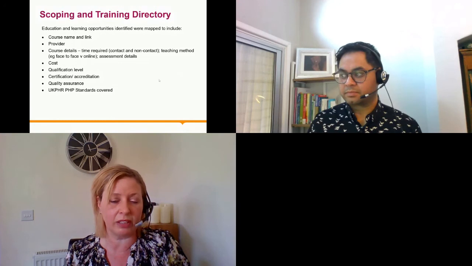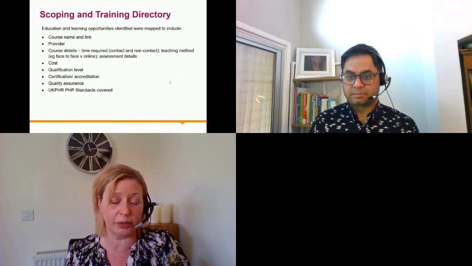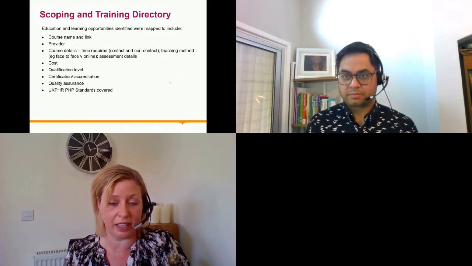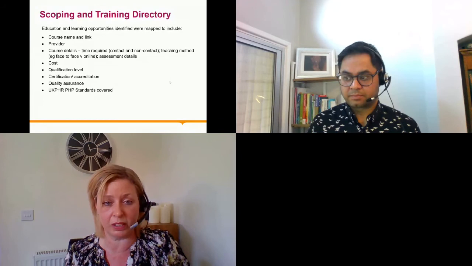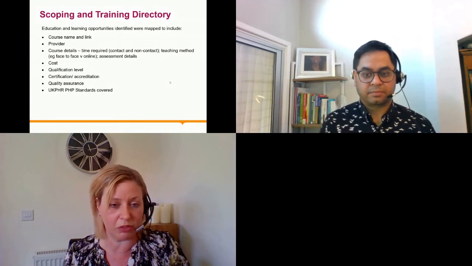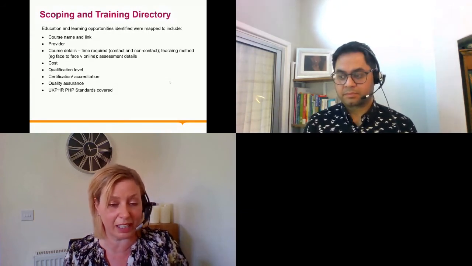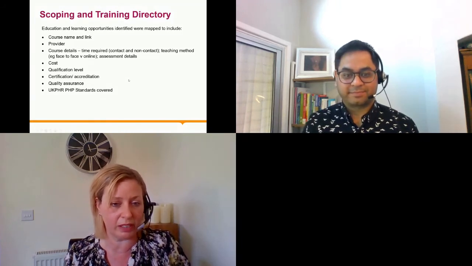Then qualification level, any certification or accreditation, any quality assurance is highlighted, and also which standard it highlights. So it's all hyperlinked within the training directory, so that if you click on a standard, it will tell you what courses are available, and vice versa. You can click on the standard and it will tell you, click on the course and it will tell you which standard. So it's fairly interactive.